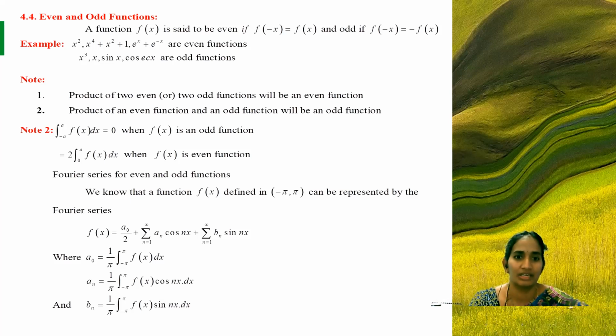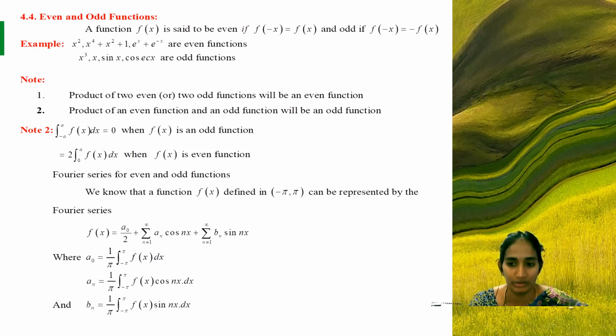Okay. Cos x is an even function. One note, already I told this in my previous class: the product of two even or two odd functions will be an even function.